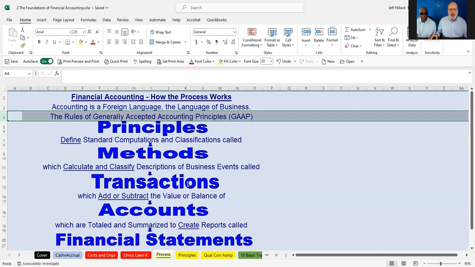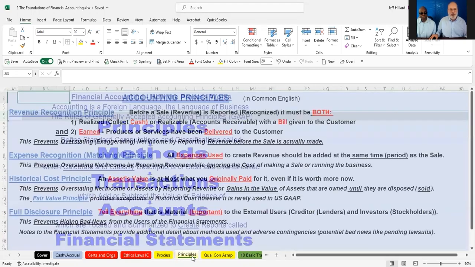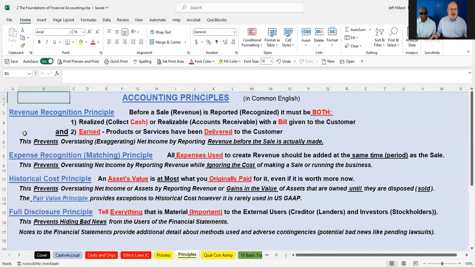Transactions are business events that add or subtract from the balance of accounts, which are rearranged into a form called financial statements. But let's take a look at the four big rules, two of which we've already talked about. Revenue recognition is the first one. And again, in blue, all terminology in Practical Accounting is in blue.